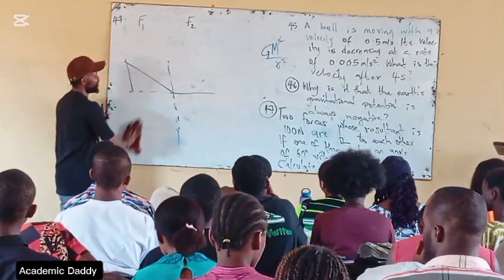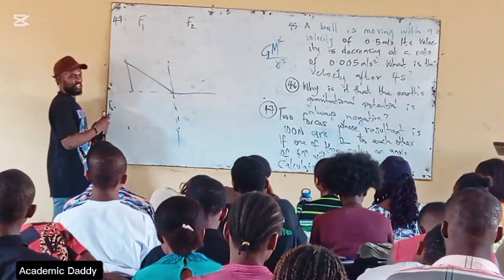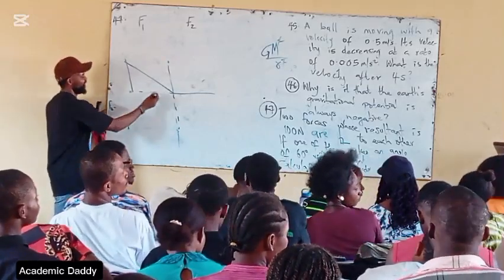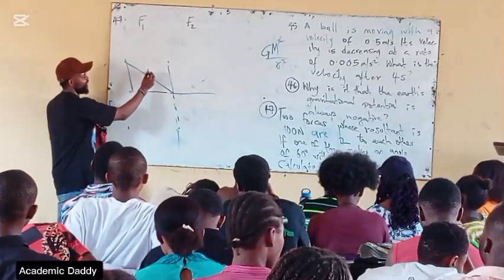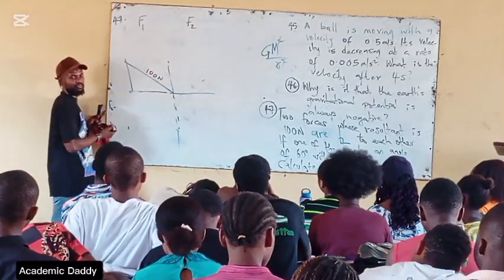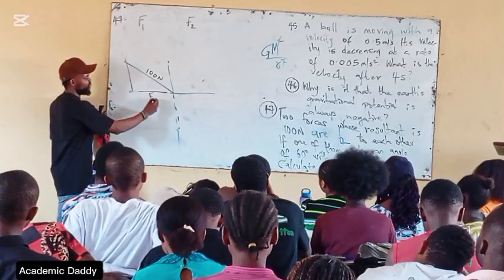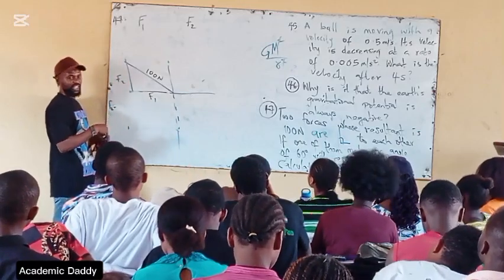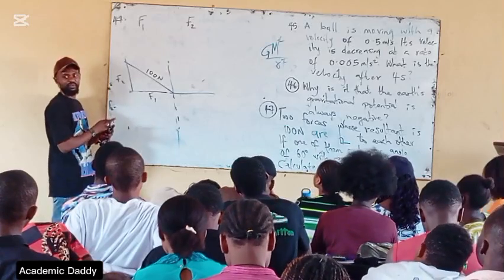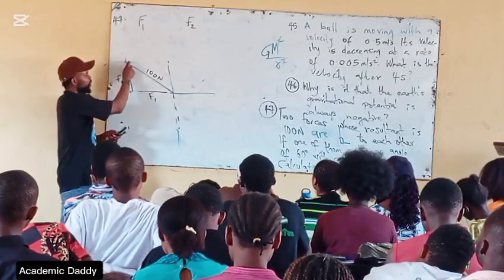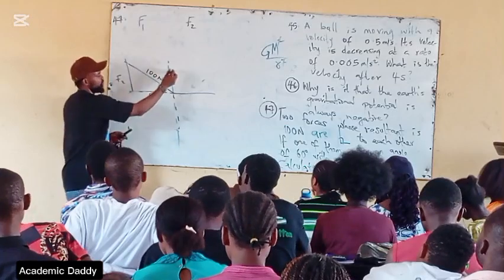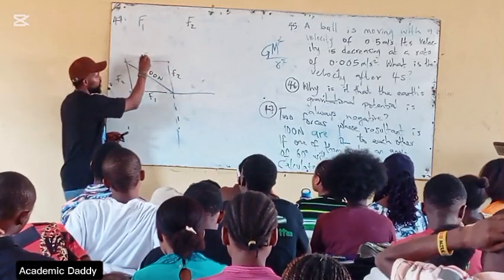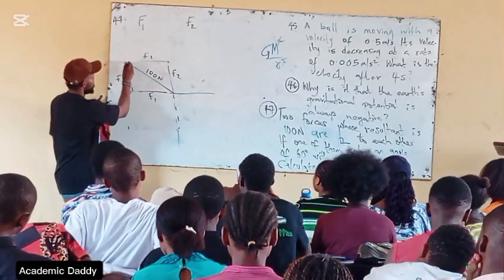This is my F1, this is my F2. If I pull this down to this side, this is also my F2, and this is also my F1. It's supposed to be 90 degrees, forget the fact that it's not drawn so.